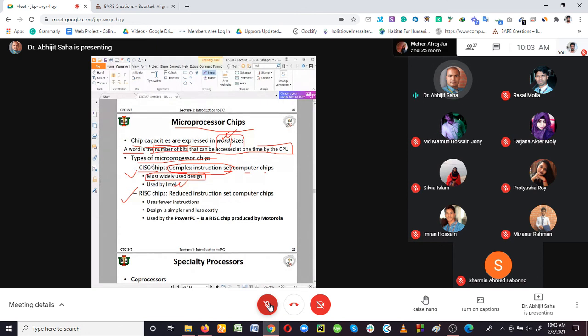So what actually is CISC? I have already told you what a chip is. A chip is given some instructions, so that whatever command it gets, it will work according to those instructions.